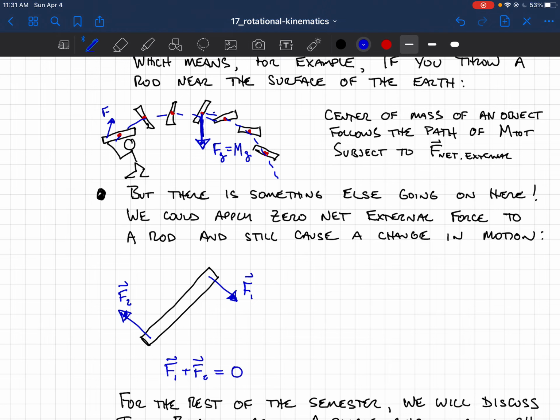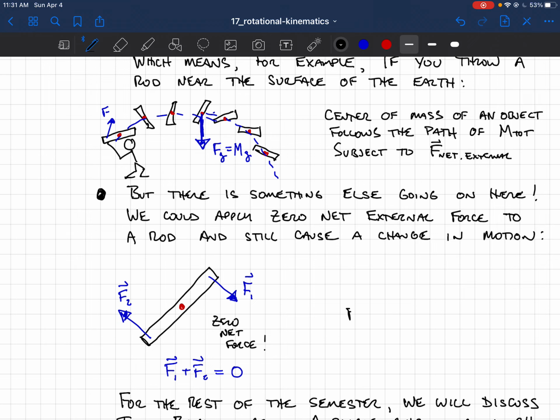So 0 net force. But you know that if you did that to a meter stick, it's not like the meter stick would not move. If it started out with 0 velocity on the table, Newton's second law for an object, as we just saw above, would mean that its center of mass will not move. So its center of mass will remain right there.